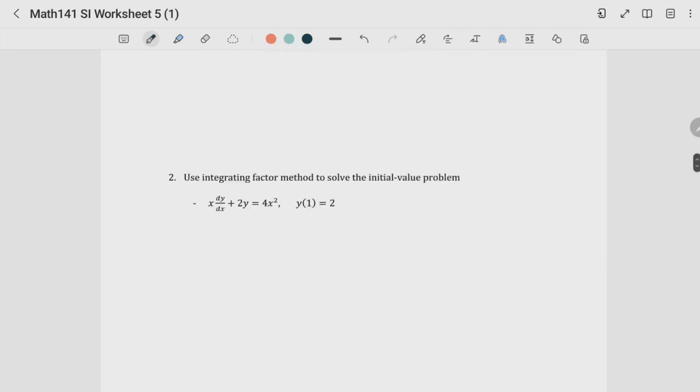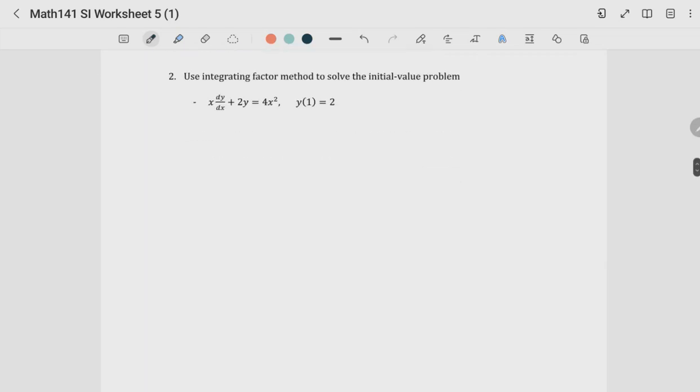Now moving on to the next set of differential equations, but now instead of using the separation of variables, which is not always easy or even possible to use in some problems, in this case we have to use a method that's called the integrating factor.